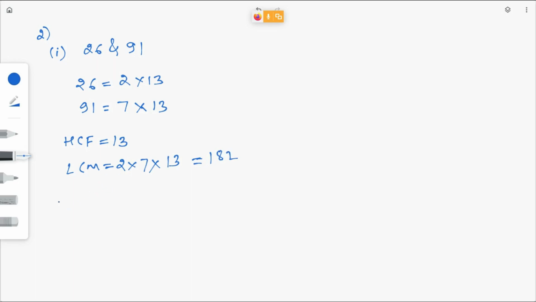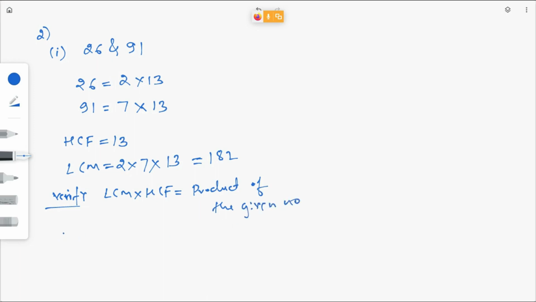So what do we need to verify here? LCM into HCF is equal to the product of the given numbers.